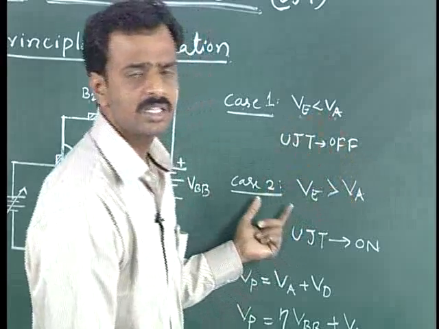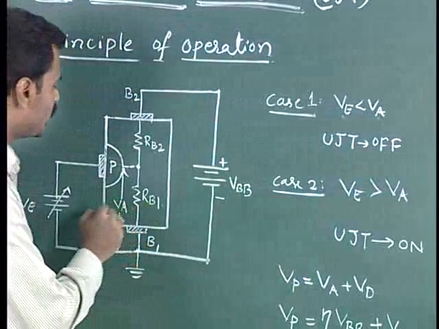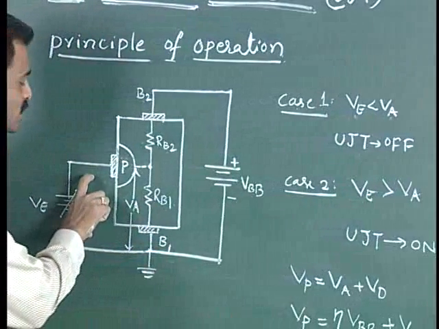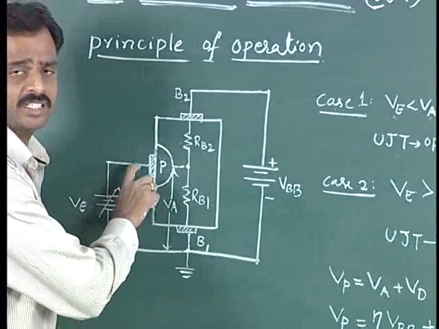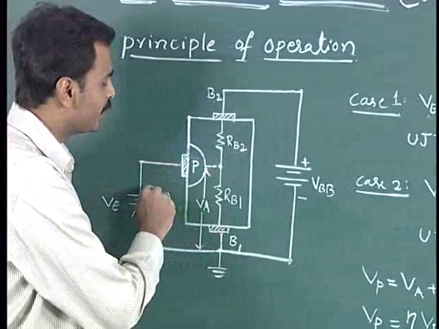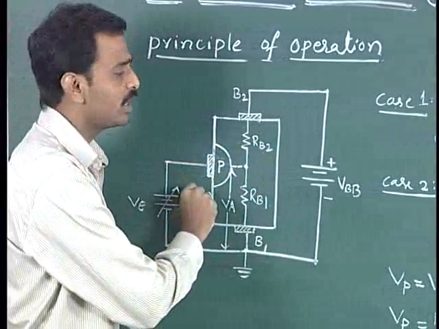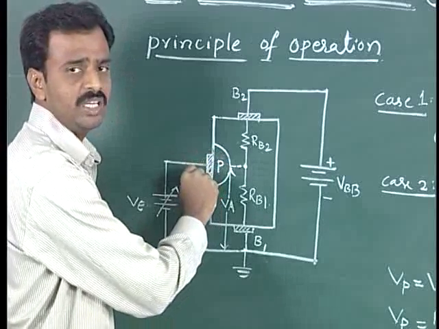Next we will see the second case. As we slowly increase the VE voltage, the input voltage slowly rises toward VA. At one point both will be equal, and after that we are still raising the value of VE.